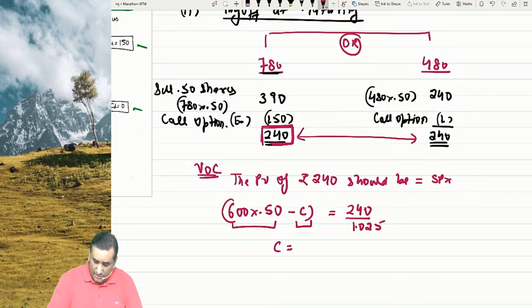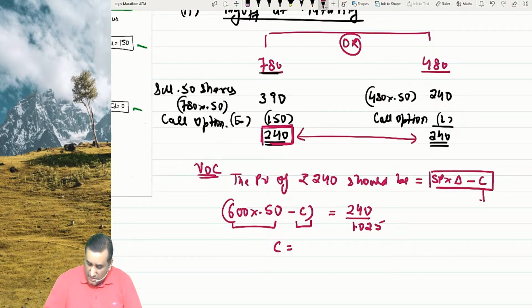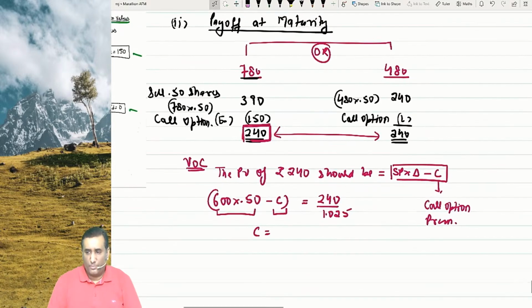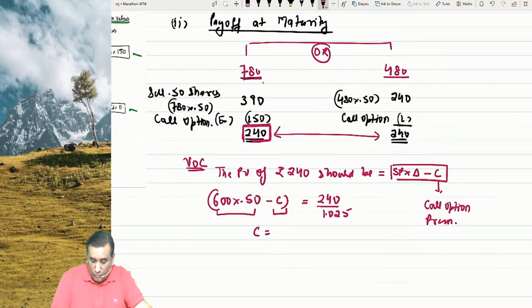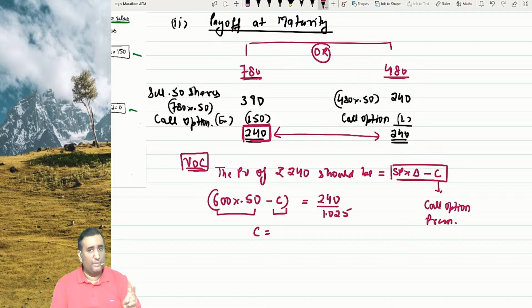Price into delta minus C. We use the word call option. Basically, the payoff at maturity would be equal to 780, 480, and 240, 240: SP into delta minus C, call option. Now you can copy that. Then I'll take one example in which I'll do both the methods again. Copy that part.